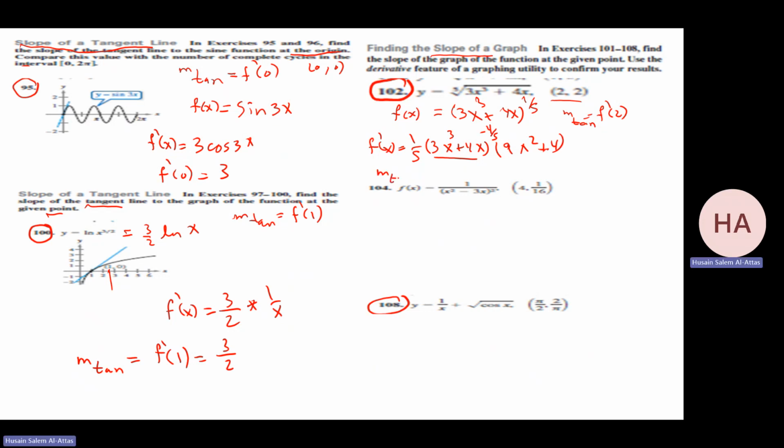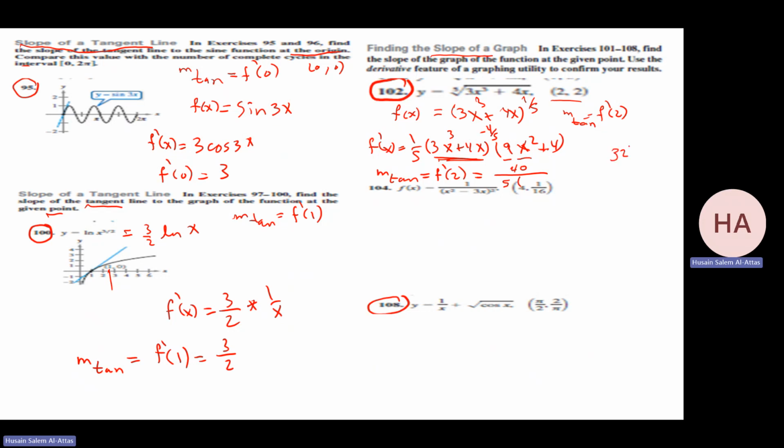So m tangent, which is f prime at 2, will be 9 times 2 squared, which is 4, plus 4, that is 40 over 5 times this one, 3x cubed, 3 times 8 is 24, 24 plus 8, 32.